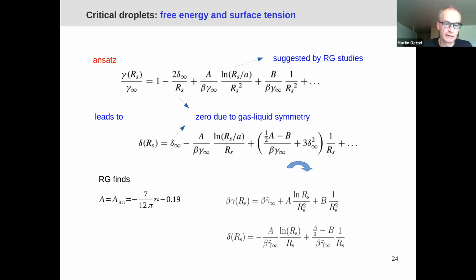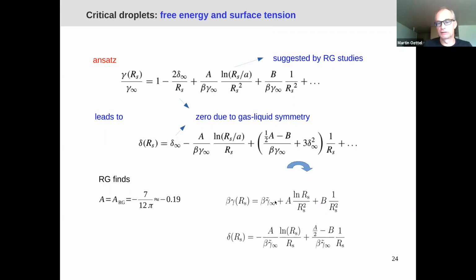So renormalization group finds a fixed coefficient for this leading logarithmic term, and I will come to that in a second. And if you do this for the Ising model lattice gas, then you find that the Tolman length in the limit of infinite radius is 0 due to gas-liquid symmetry. So we expect an expansion of the surface tension.